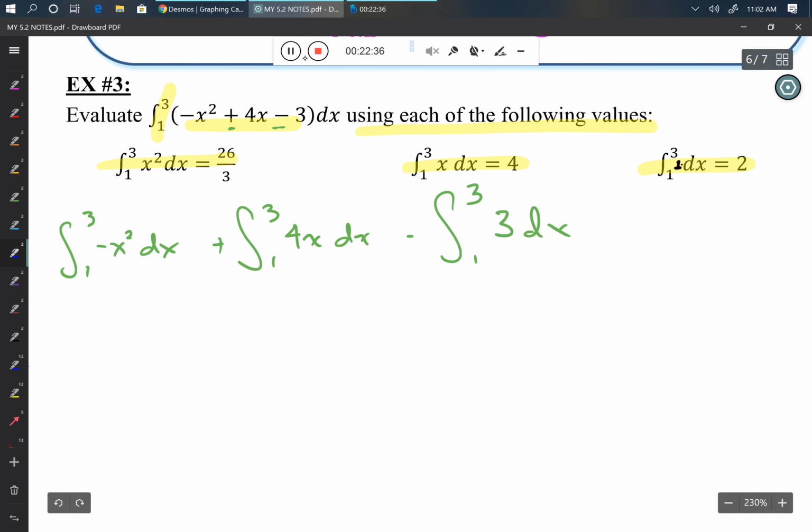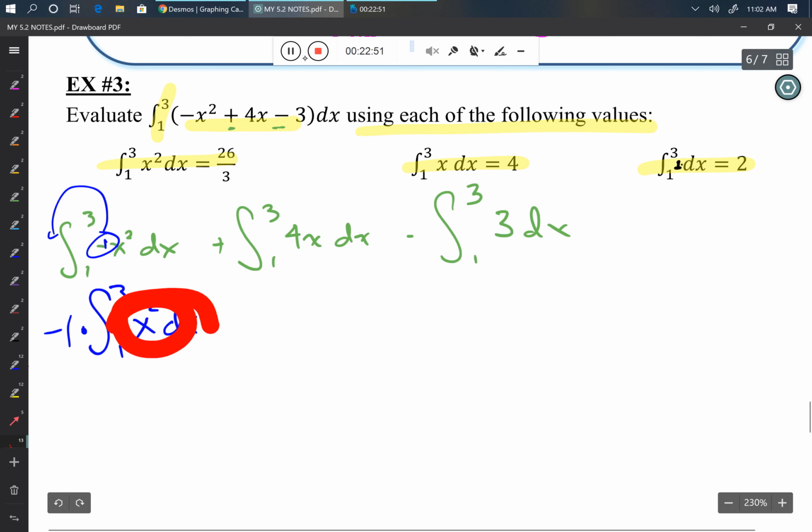Ooh, but I know how to deal with that. That negative really means a -1, so let's just pull that coefficient out in front. And so that's going to give me -1 times the integral from 1 to 3 of x squared dx. And now my integral matches, and on the next step I'll be able to replace that with 26/3.